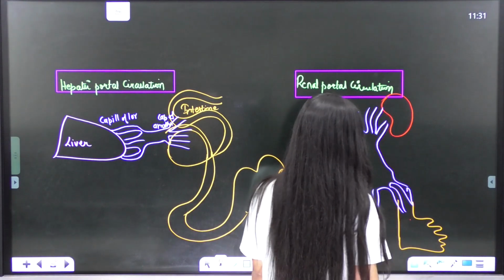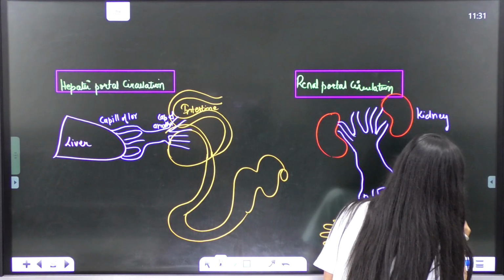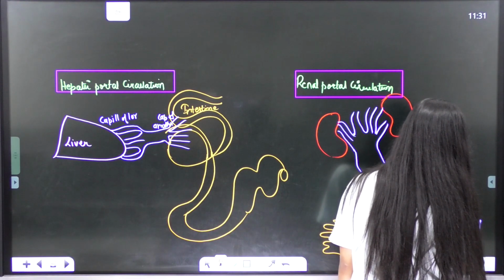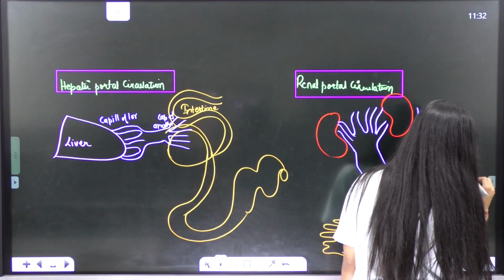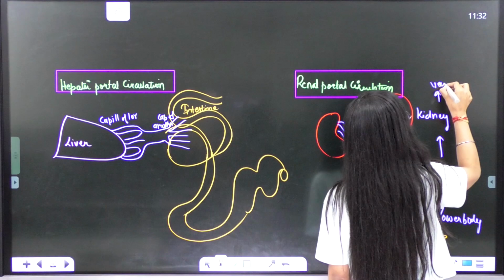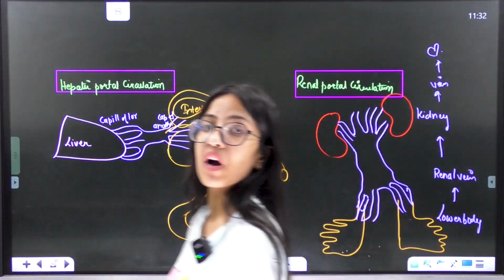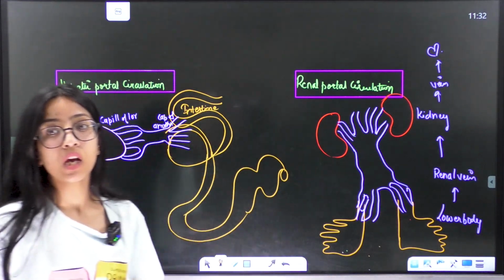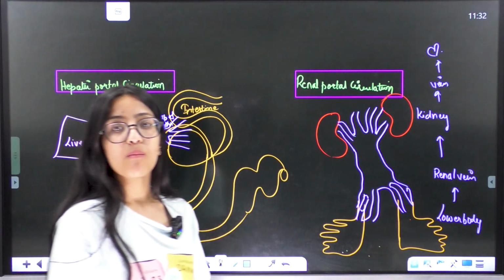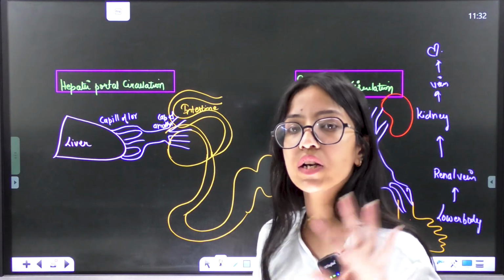Through the renal vein the blood is carried to the kidney, then from the kidney another vein moves the blood to the heart. This is the circulation of the renal portal system. There is a connection between kidney and lower body. Clear? We have to read the two portal systems and we have already done it.